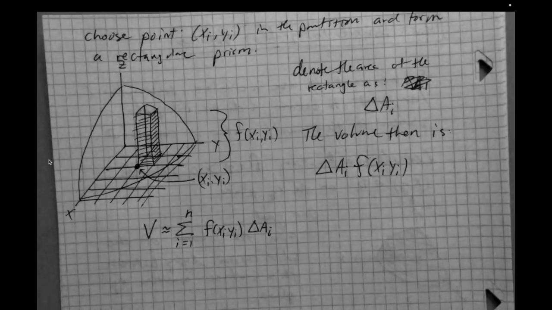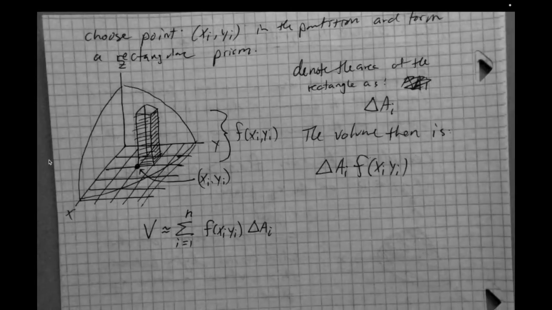And if we let the fineness of the partition increase without bound, or another way to say that, let the norm of the partitions decrease to 0, then the precision increases, and eventually in the limit, the volume is precise.